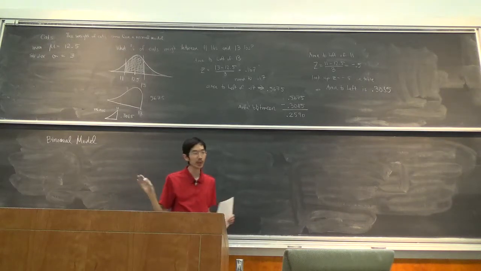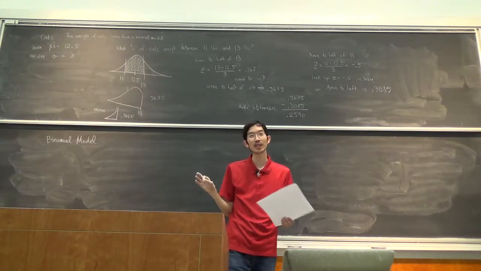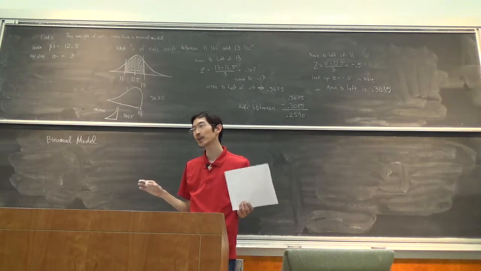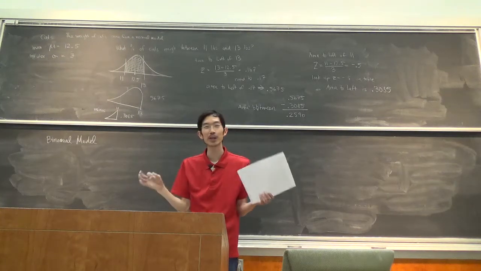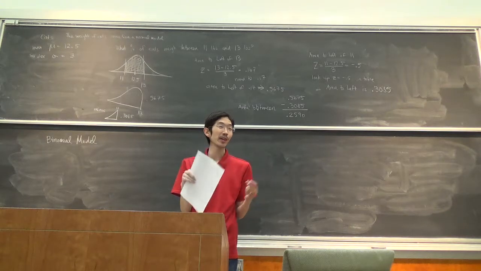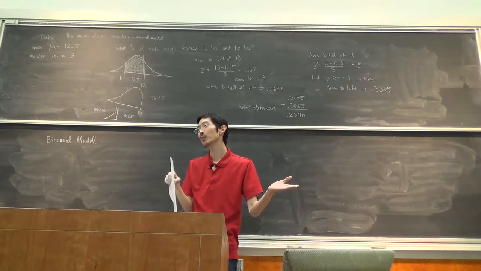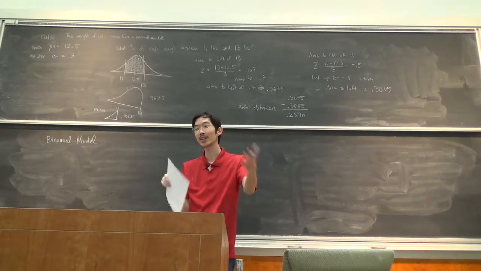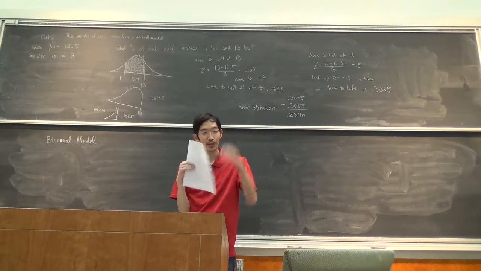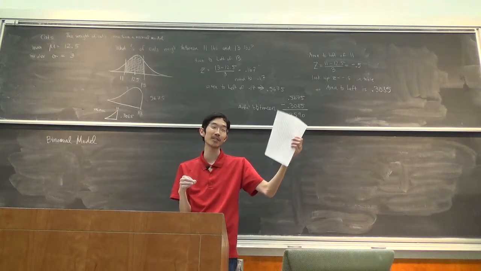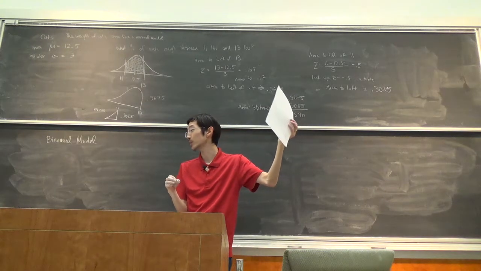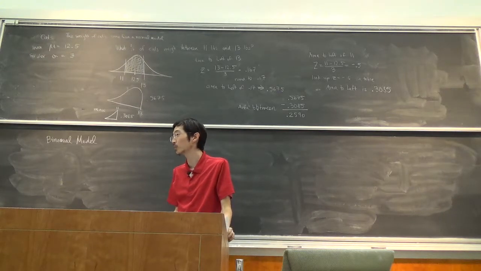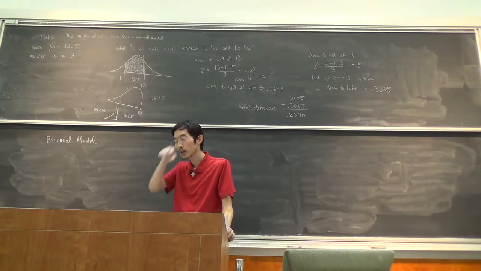The hardest part with dealing with the binomial model is saying, am I supposed to use the binomial model in this problem? That's the hardest part, okay? Because if you say, oh, this is a binomial model problem, it's very easy, okay? All you have to do is look up a few numbers in the table, okay?